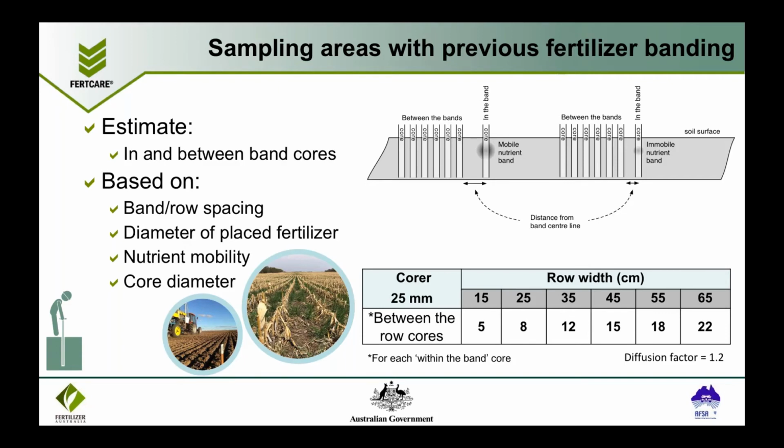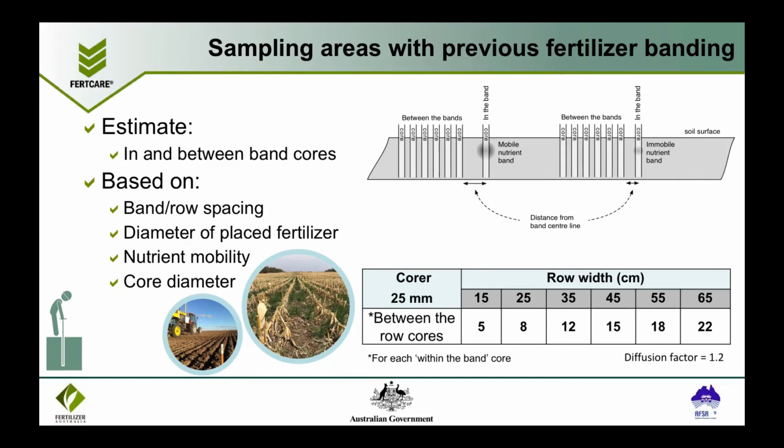If you're faced with sampling in an area where there's previous fertiliser banding, there's quite a bit of detail and some equations to follow in the guide, but the general approach here is that if you can identify where the fertiliser bands are, you need to do some calculations to work out how many cores you need to take between the bands for each core that you take within the band.